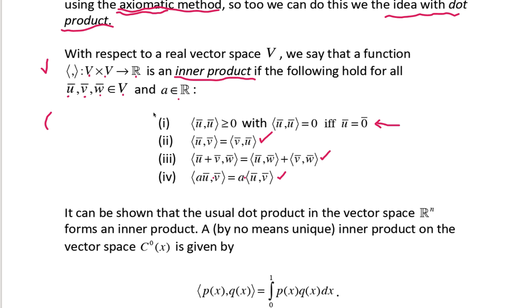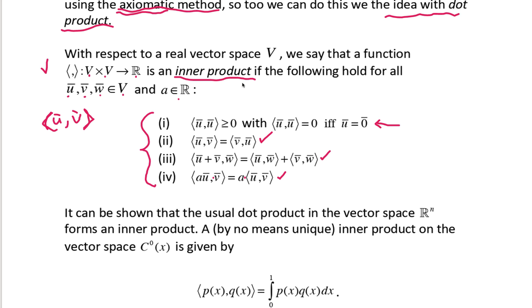So if these properties are satisfied for this function of two vectors, real valued function of two vectors, u and v, okay? So u and v pop into it, and we usually write the inner product with angled brackets, okay? If these are satisfied, we call it an inner product.